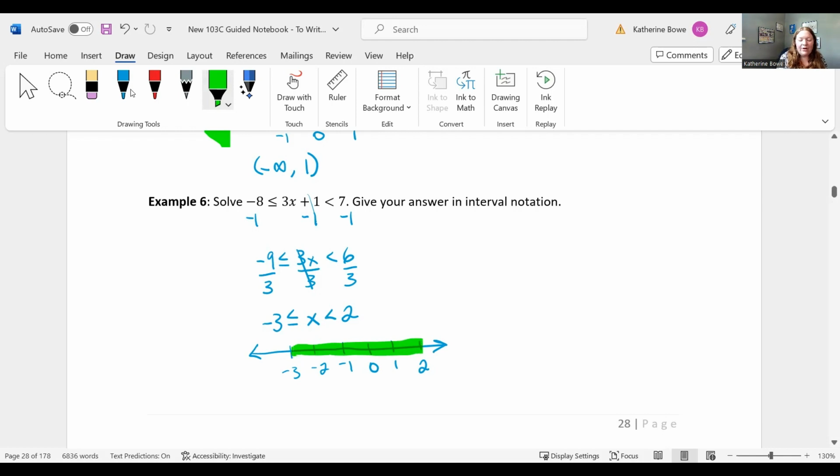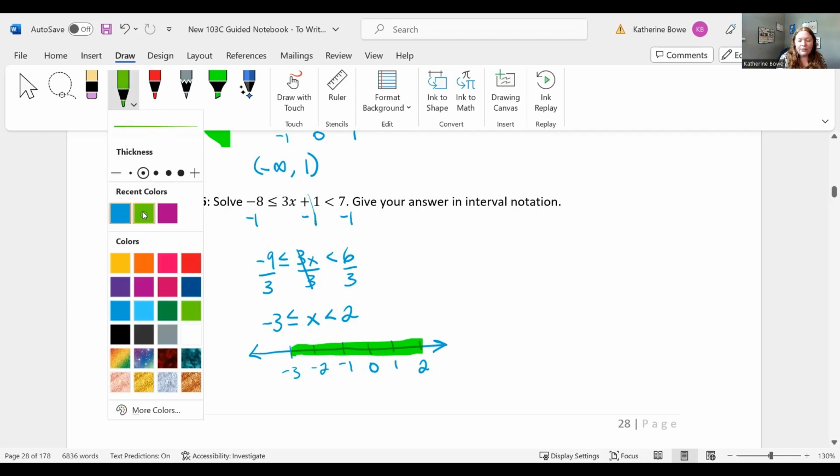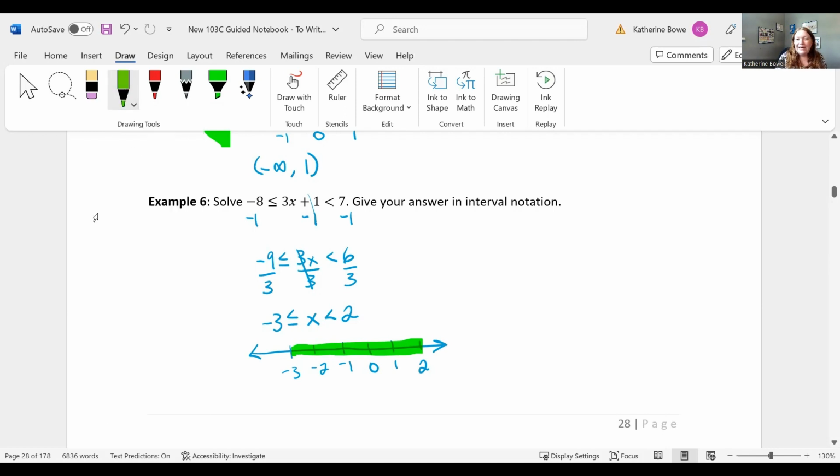And so then from there, I need to decide, do I include or do I exclude my -3 and my 2? Here I have a less than or equal to symbol, and so that means this is going to be a closed circle. And in contrast, I've got a less than symbol here, so this is going to be an open circle.